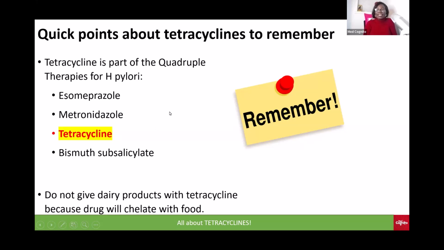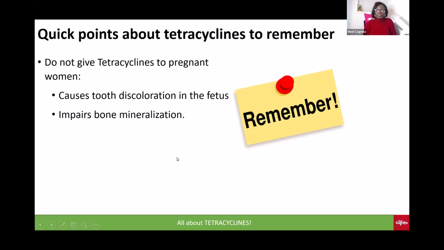So tetracycline is used in treating H. pylori. So when you see that question anywhere, you should be able to answer. And we have said this over and over again. Do not give tetracyclines to a pregnant woman. It will cause tooth discoloration in the fetus, and it will impair bone mineralization.